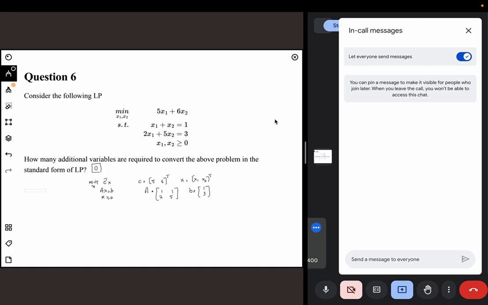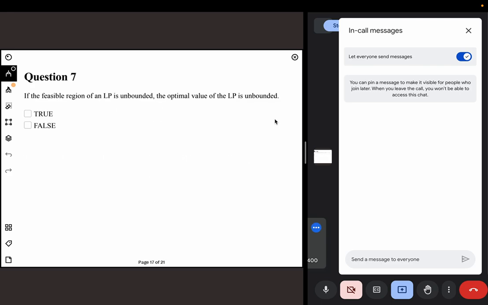This is actually quite straightforward, so I don't think anyone has any doubts. Okay. Next one. If the feasible region of an LP is unbounded, the optimal value of the LP is also unbounded. Is this statement true or false?